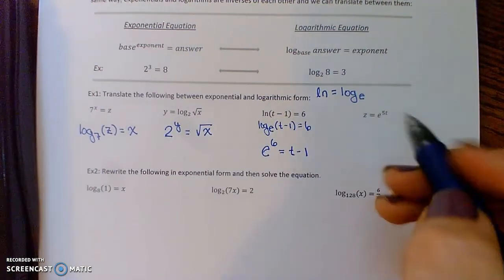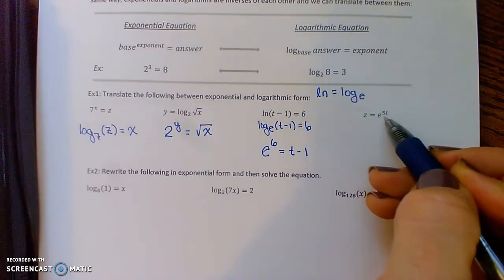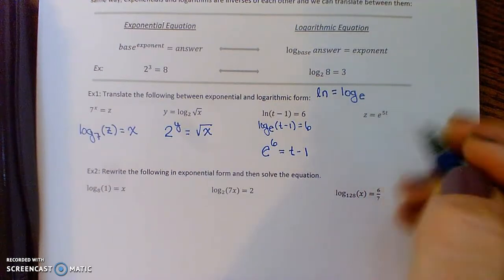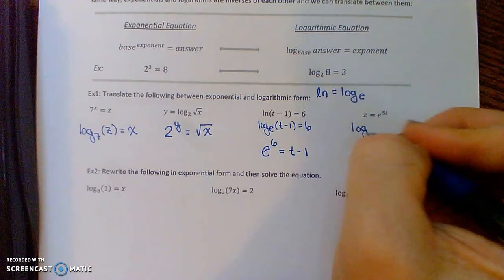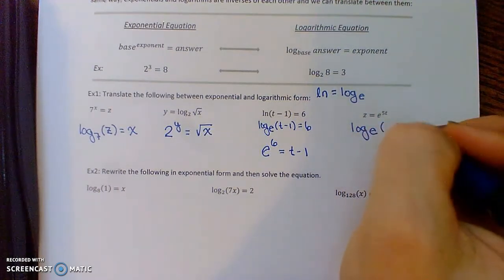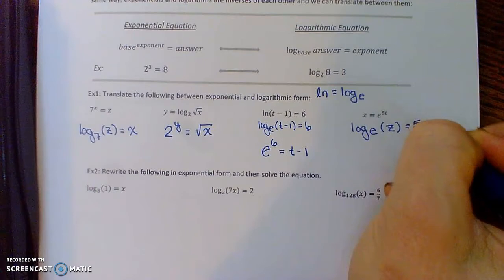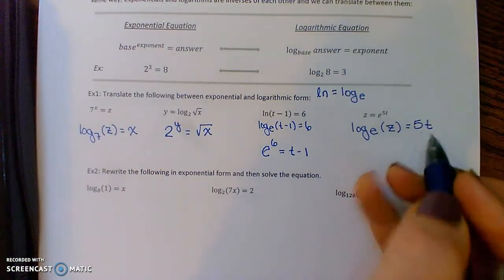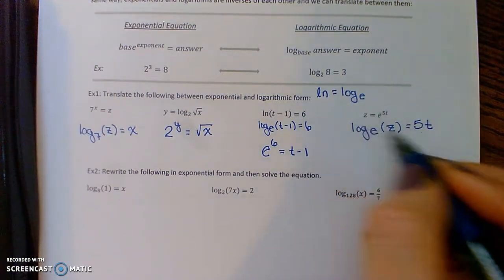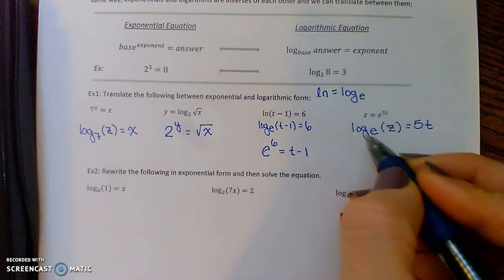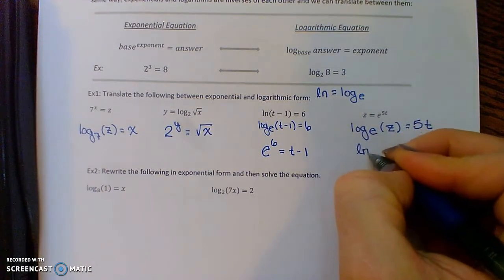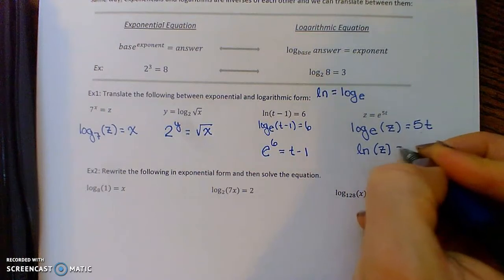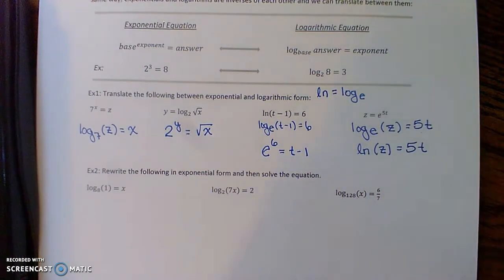All right, last problem: z equals e to the 5t. If we wanted to convert that to a logarithm equation, we'd say log, the base would be e, the answer is z, set it equal to the exponent, 5t. Log base, answer equals exponent. And since that's log base e, the special natural log, I could rewrite this as natural log of z equals 5t.